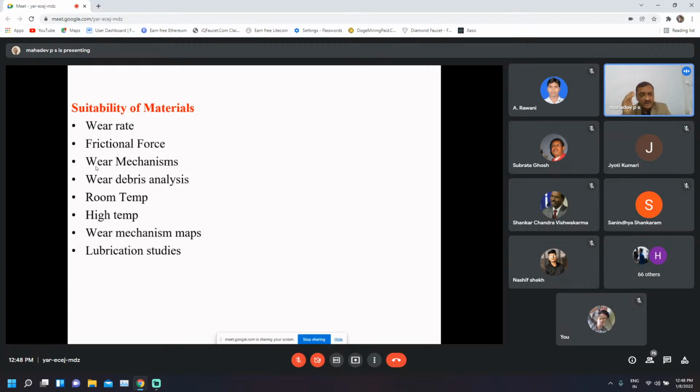So wear studies are conducted at room temperature and at high temperature. That means at normal room temperature, and at high temperature the test sample can be heated to different temperatures, 50 degree, 100 degree, 150 degree, likewise, less than the recrystallization temperature. Even wear mechanism maps can be drawn by considering the various wear parameters and the dominant wear mechanisms operating at different wearing conditions.